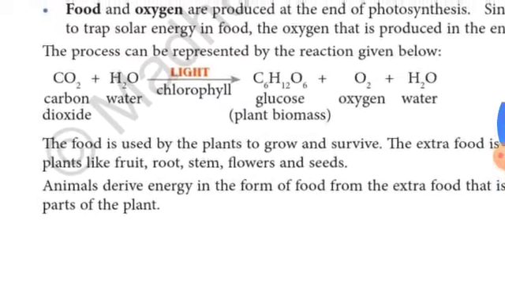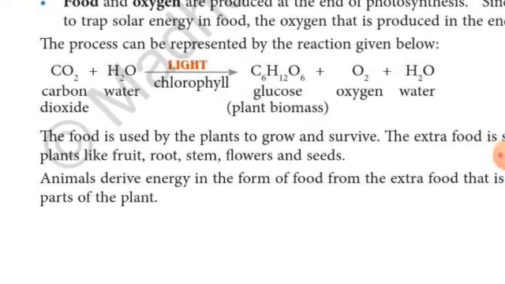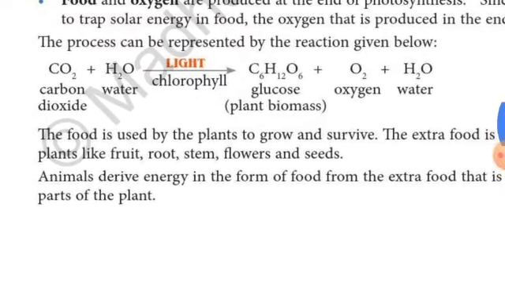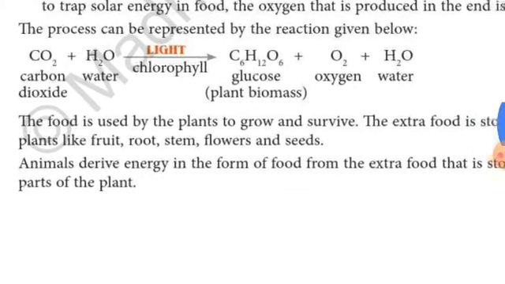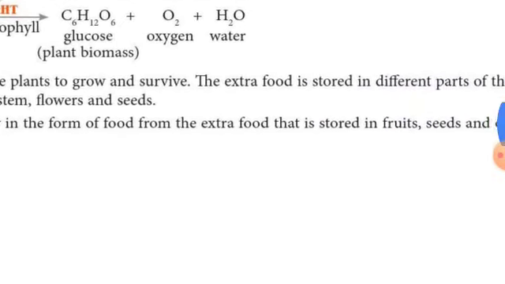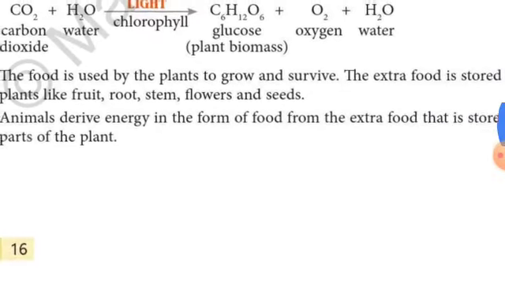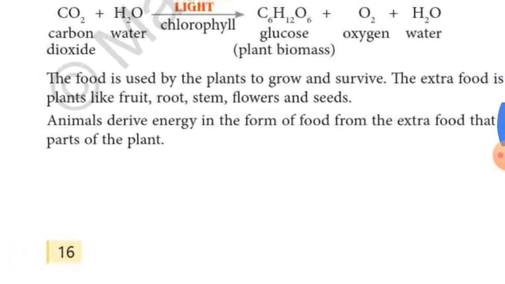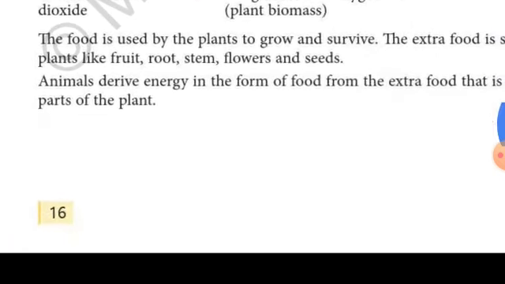After photosynthesis, glucose is produced, and this glucose is stored in different forms in plants. Basically, it is stored in the form of starch. The extra food is stored in different parts of the plants like fruits, roots, stems, flowers, and seeds.